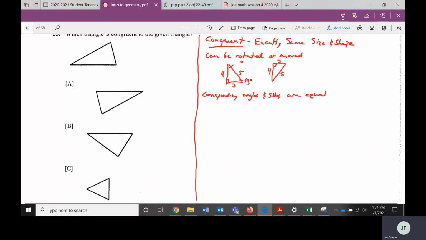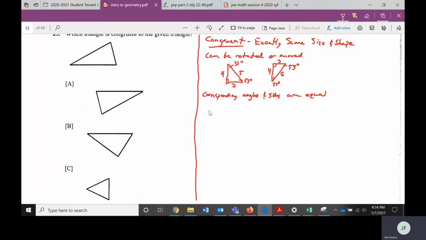If I'm going to do it, that would be about 53 degrees. That would be about 37. So same here, the one across from the 3 would be about 37 degrees. And this one would be about 53 degrees. So all the parts would be exactly equal. So these two triangles, even though my drawing isn't great, would be congruent.